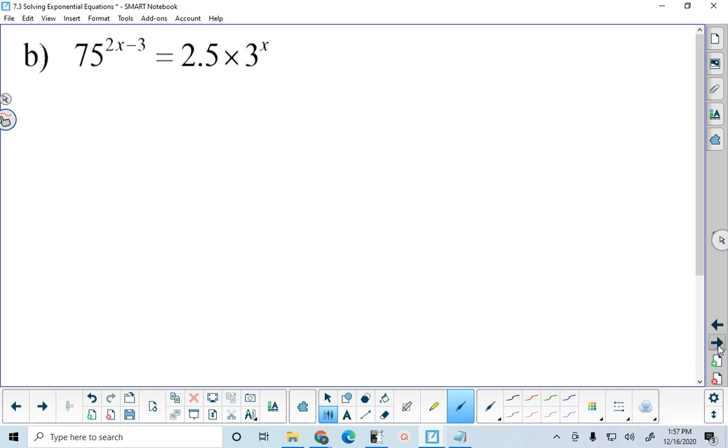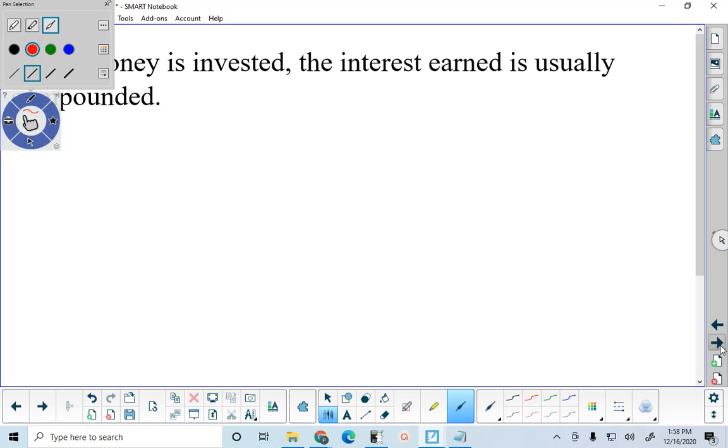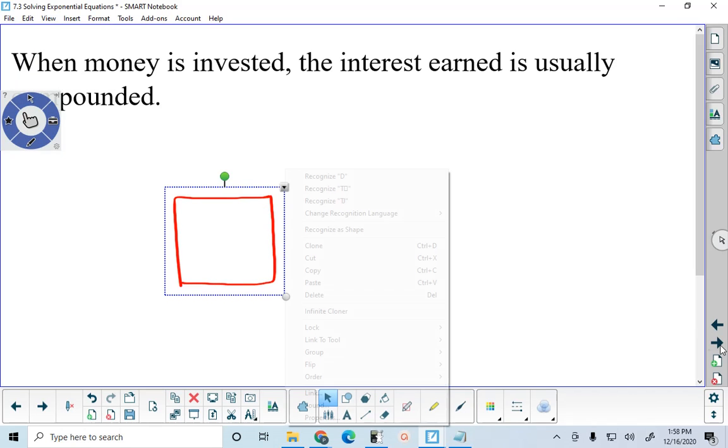All right, so now we're going to look at one more application. When money is invested, you get something called compound interest. And what that means is that you start off with a certain amount of money. You have this much money, and the money sits in an account for a period of time.